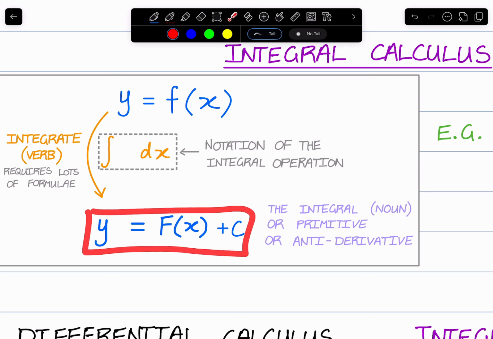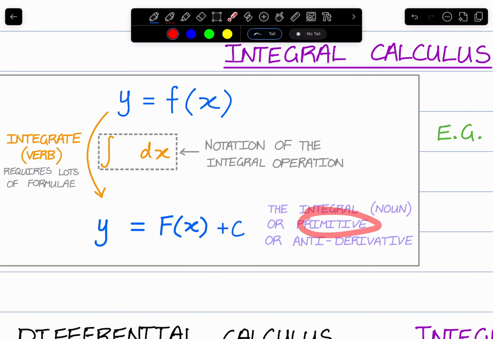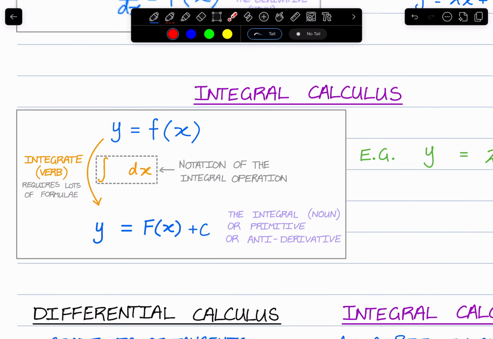This finds for us what is now called the integral, or the primitive, or the antiderivative. So being very specific here, to integrate a function is the verb, and what we are finding is the integral, the primitive, or the antiderivative.